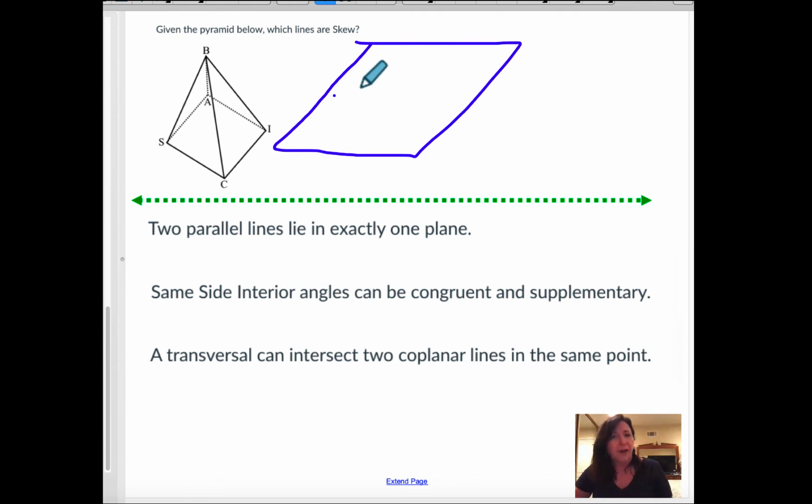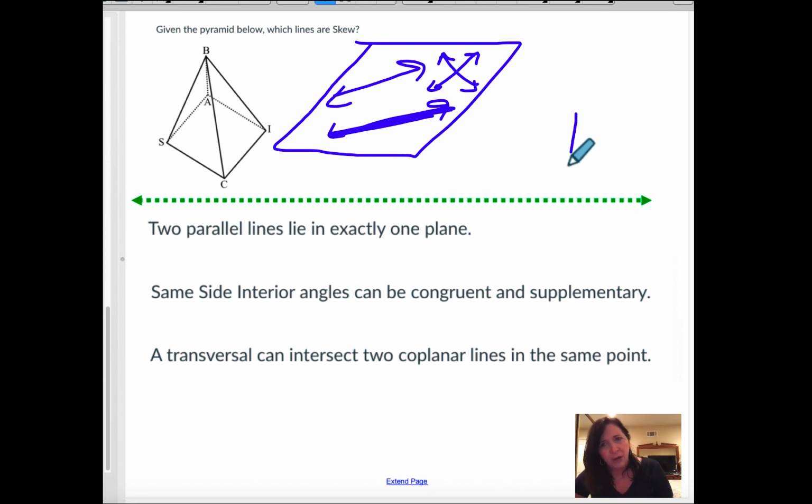Parallel lines have to be in the same plane, no matter what. Intersecting lines have to both be in the same plane. Perpendicular lines definitely have to be in the same plane, but I actually could have them protruding.